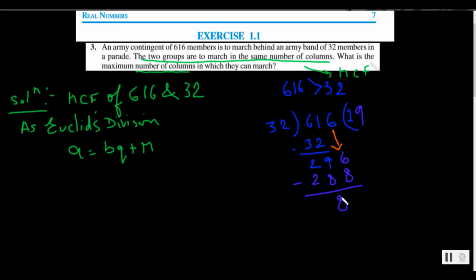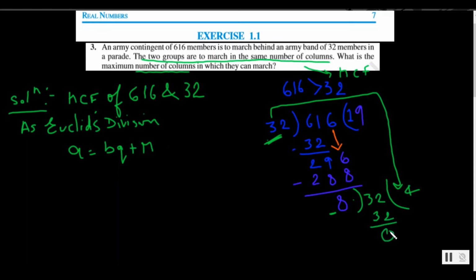As we can see that 32 is greater than 8 and hence our rule of making 32 the divisor as the dividend arises. Okay, and now 4 times of 8 gives us 32, which is 0 remainder and the required condition.